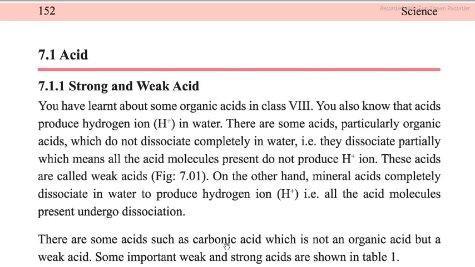Carbonic acid is found in a variety of sources such as carbonated beverages and rainwater. So this line has been said, there are some acids such as carbonic acid, which is not an organic acid but a weak acid. Some important weak and strong acids are shown in Table 1.